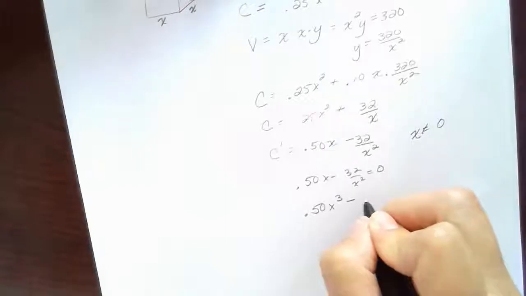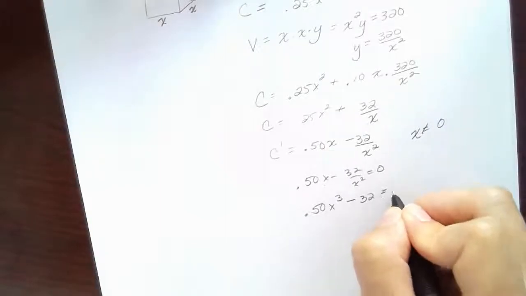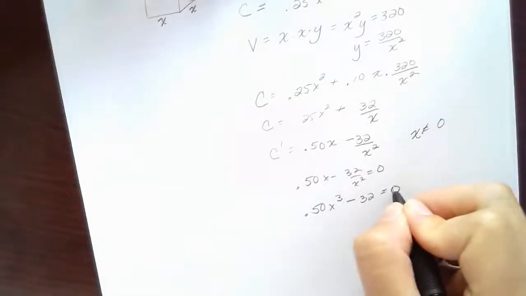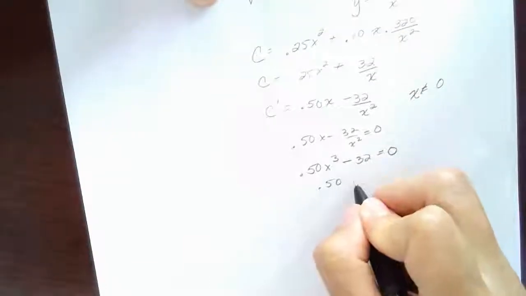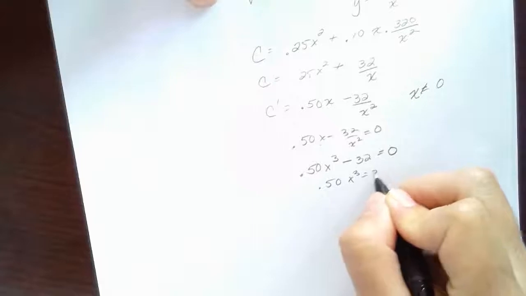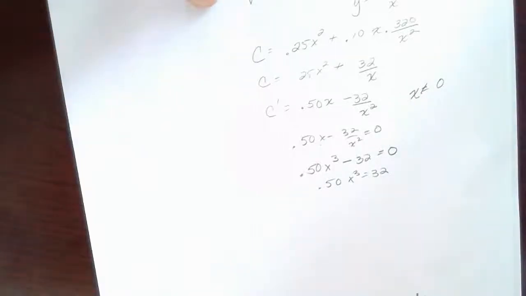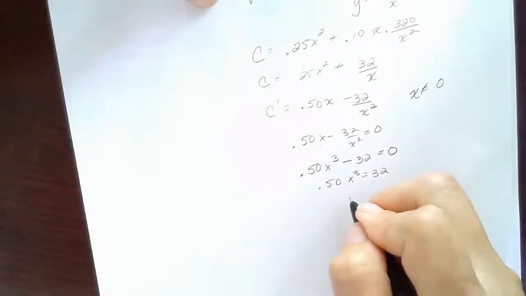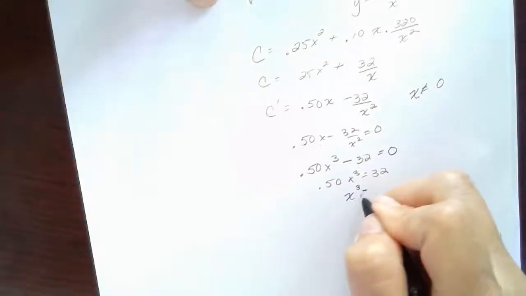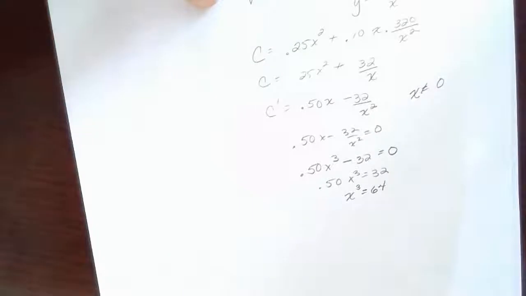The X squareds would cancel in the next term, so minus 32 is equal to 0 times anything is 0. Add 32. And we're going to divide by 0.5. So dividing by 1/2 is the same thing as multiplying by its reciprocal, which is 2. So X cubed will be actually equal to 64.